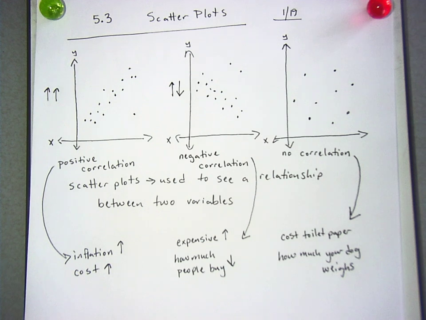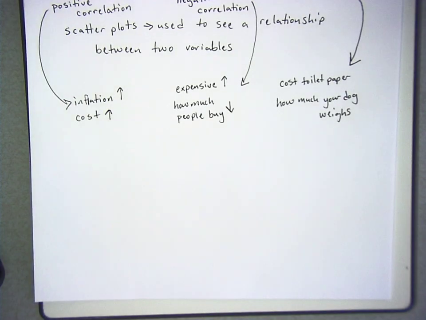Does that make sense to you guys? They're both correlated. Did rain boots cause umbrellas? No. Did umbrellas cause rain boots? No. What caused both of them? Rain. So they are definitely correlated, but they're not caused by one another.